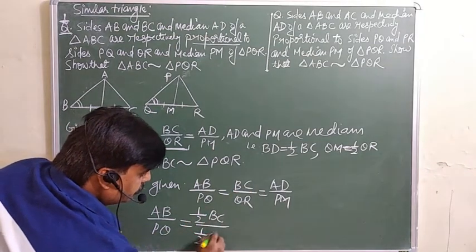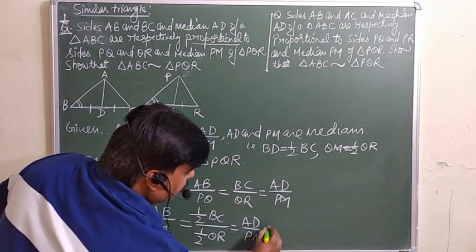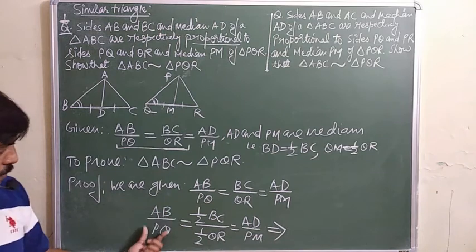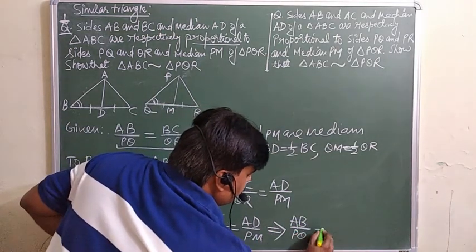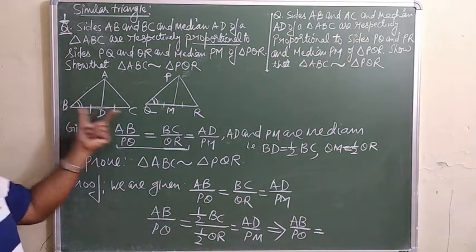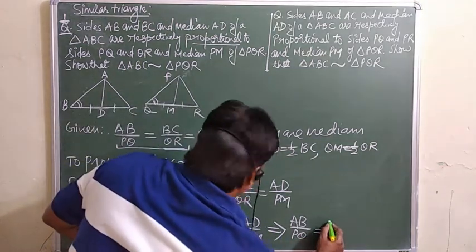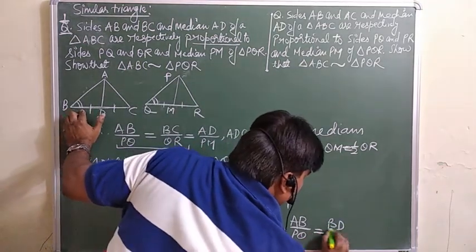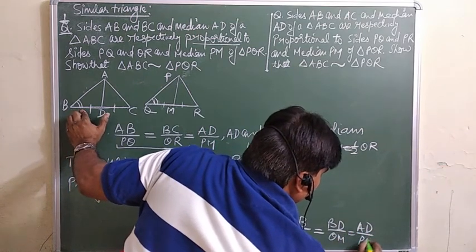So this can be written as AB over PQ as it is, is equal to, now half of BC that will be equal to BD, half of QR is equal to QM. So in place of this you can write BD over QM is equal to AD over PM.